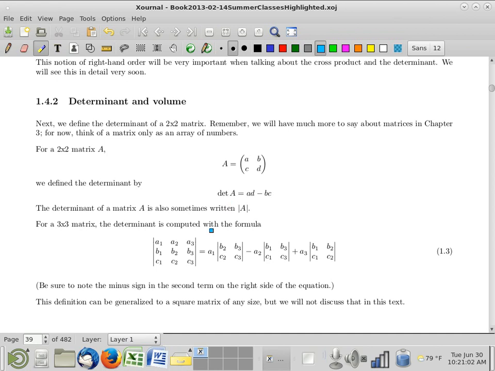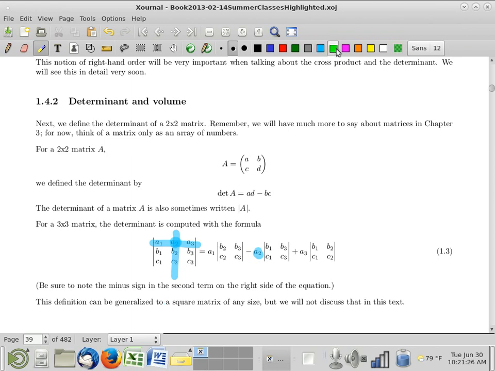The way we do this is we go across the top row. So going across the top row, you get the A1, the A2, the A3. For each one of these terms, here, let me do the A2 one. Cross out the row and the column that it's in.